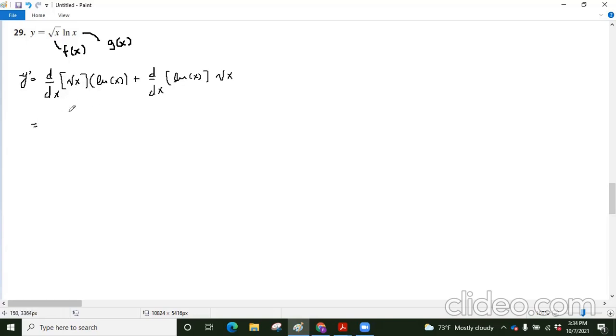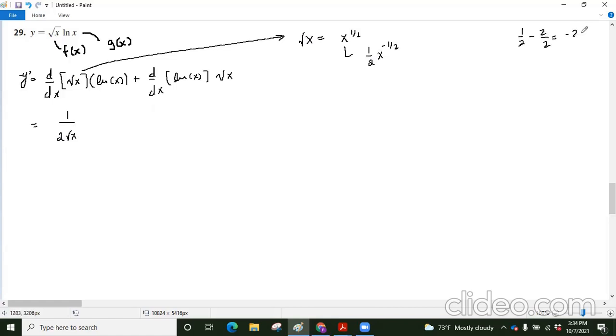So the derivative of square root of x is essentially 1 over 2 square root of x. You can memorize this, but I'll go ahead and prove it off to the side. Square root of x can be thought of as x to the 1/2. So you use the power rule here. You have 1/2 x to the negative 1/2, because I did 1/2 minus 1, which is 1/2 minus 2 over 2, same thing, and I get minus 1 over 2.